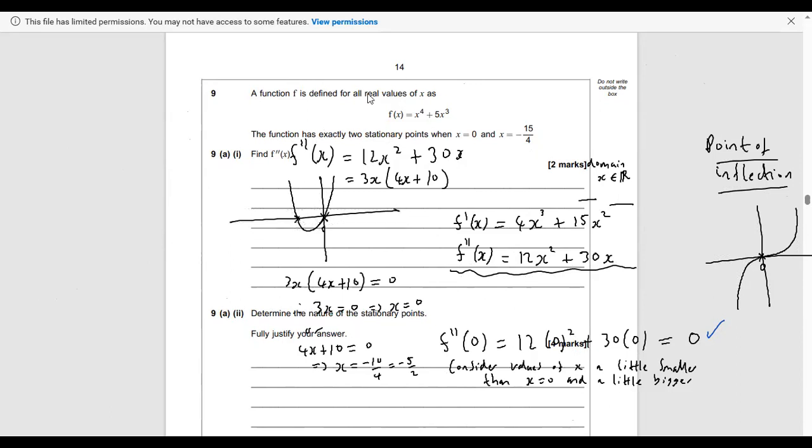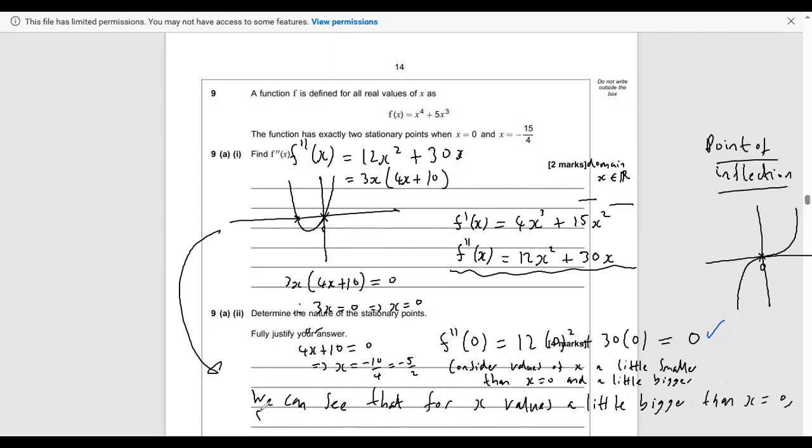So we can see from the graph. What you want to say now is, you want to sketch this graph of your second derivative, and then say we can see from this graph here that for x values a little bit bigger than x equals 0, the graph is positive.